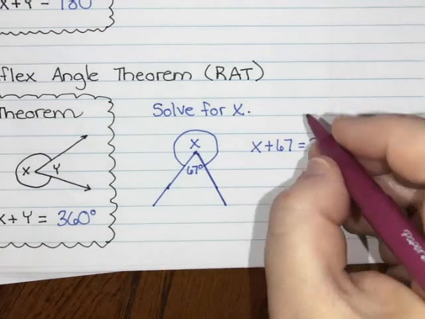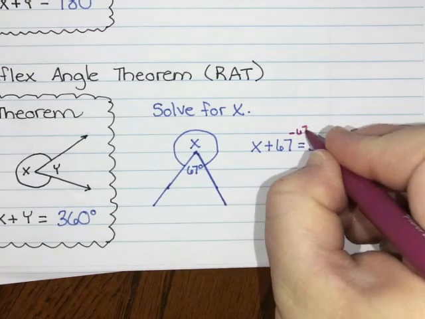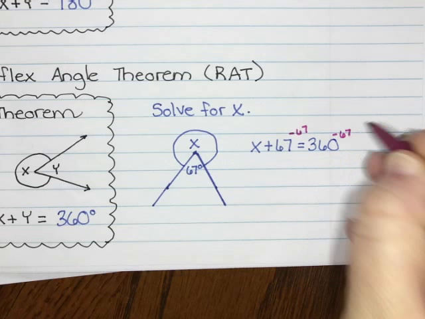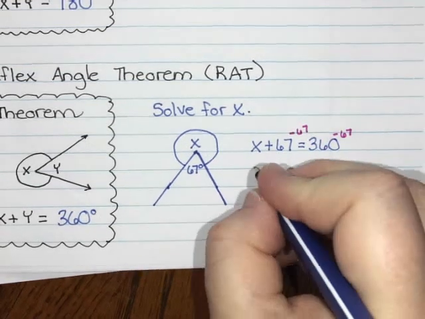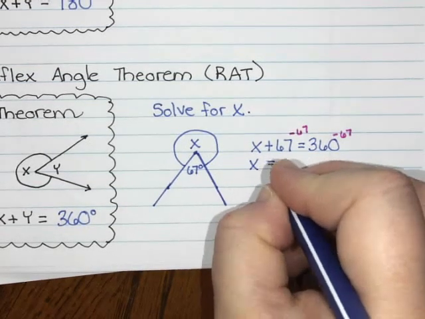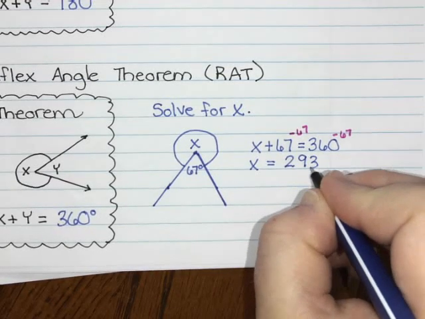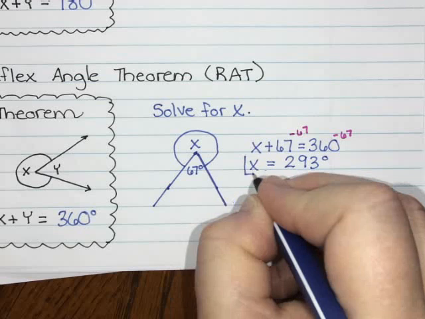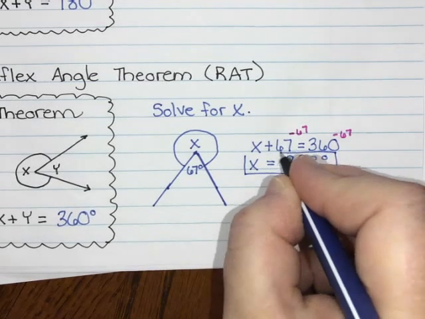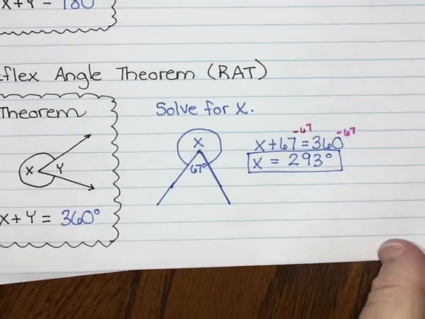I'm going to subtract 67 from both sides. So you get that x equals 293 degrees. You're welcome to use a calculator if you need to.